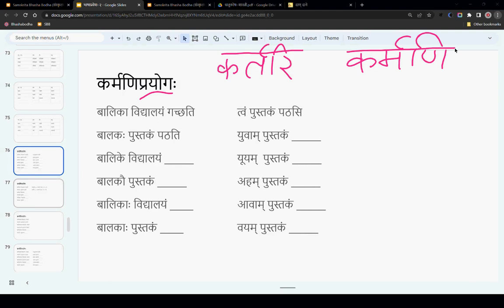The kartari means the prayoga is in kartru type, and the prayoga is in karma type, karmani prayoga. It is a single word, though it can be two words, but here because of a samasta padam, the vibhakti is retained, it's not going away.